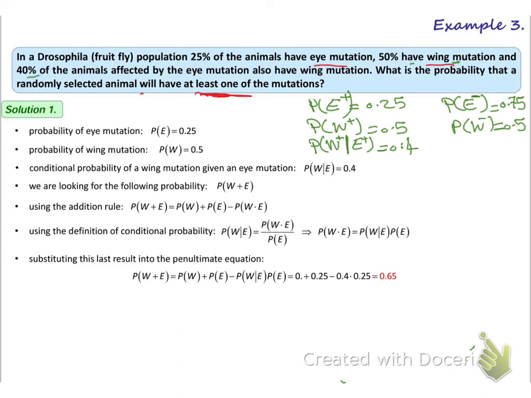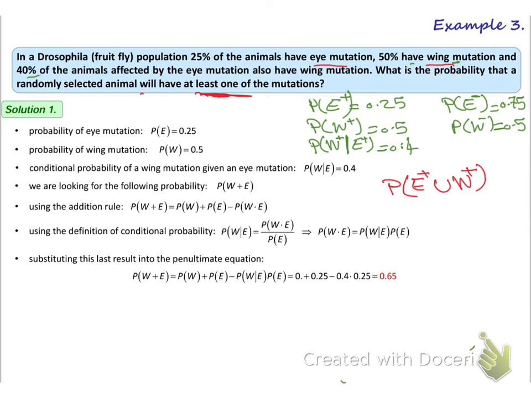They may have two, or they may have one of them. So what he's asking for is the probability of E mutation union W mutation.